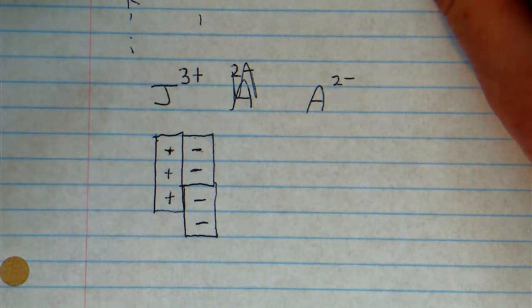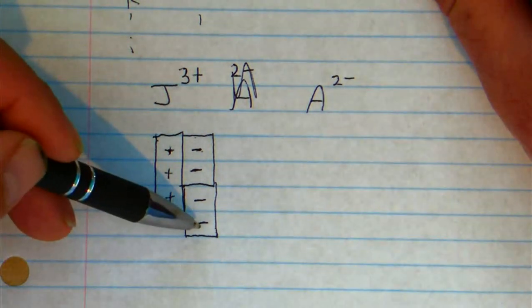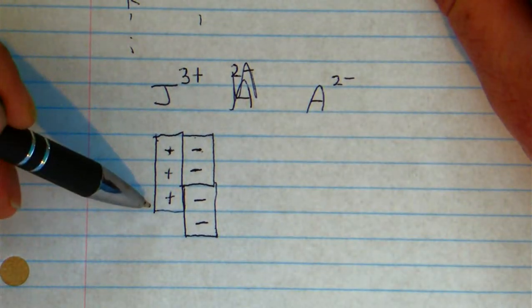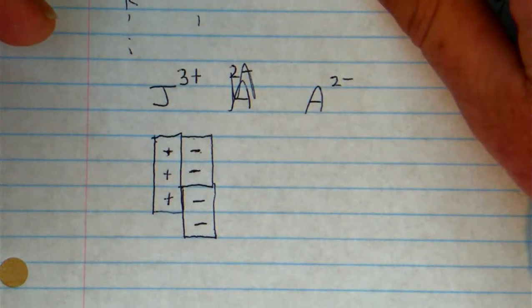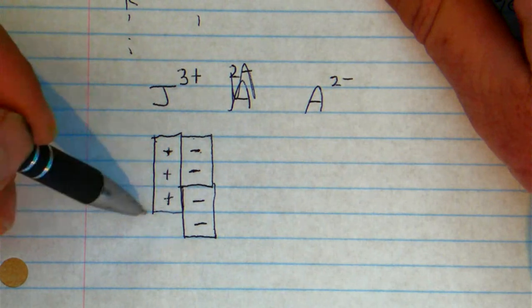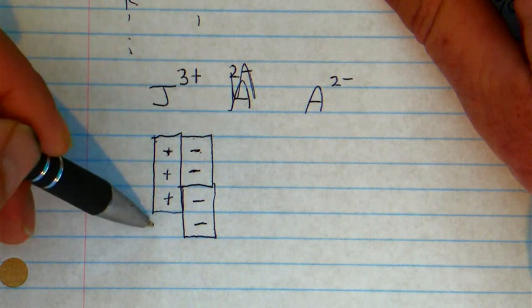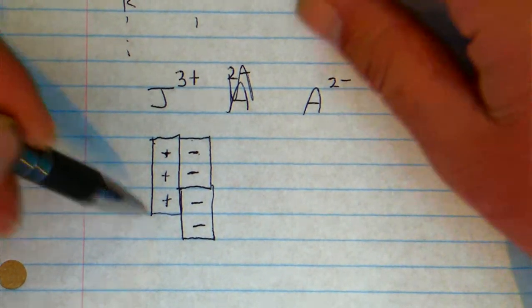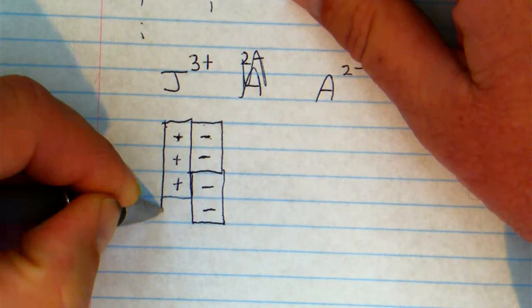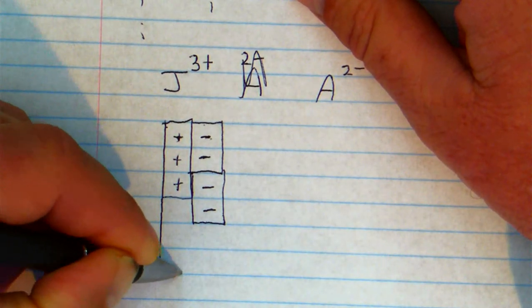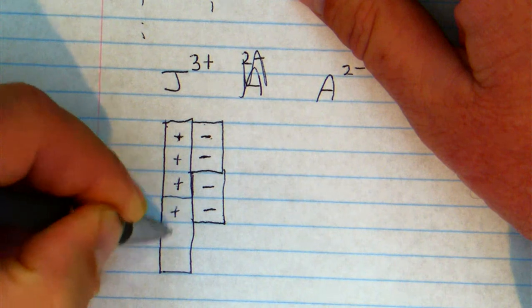Well, this hasn't made the situation any better. Now I have one more electron than I have protons. This is no better, or so it appears. But I keep this process up and I say, oh, I'm going to add another Giselle now. And so here comes Giselle's clone. 3 more positive charges. 1, 2, 3.